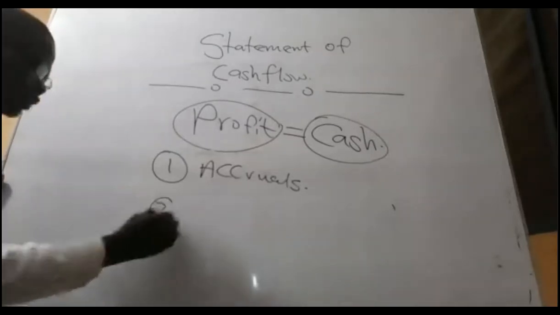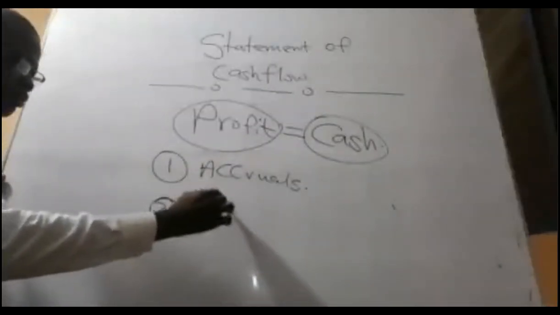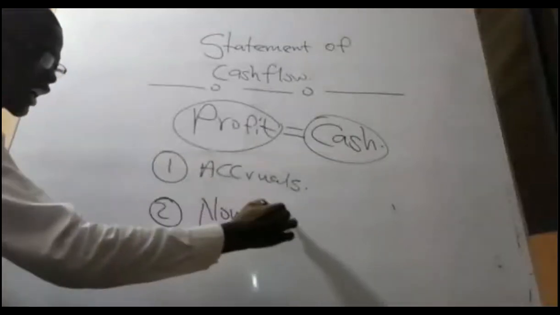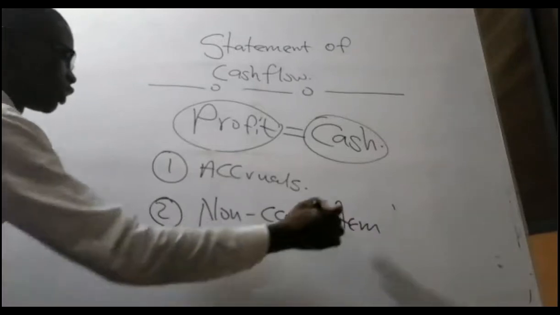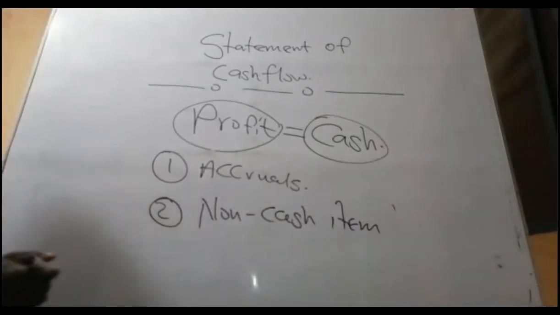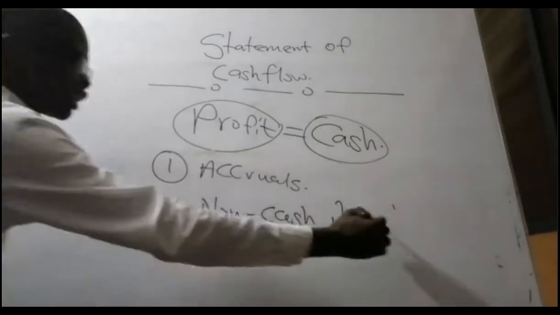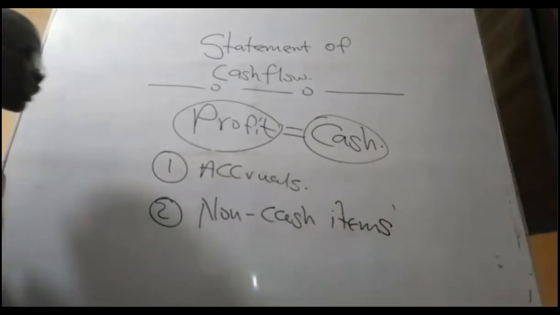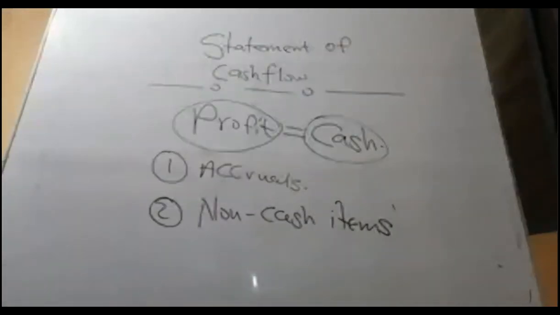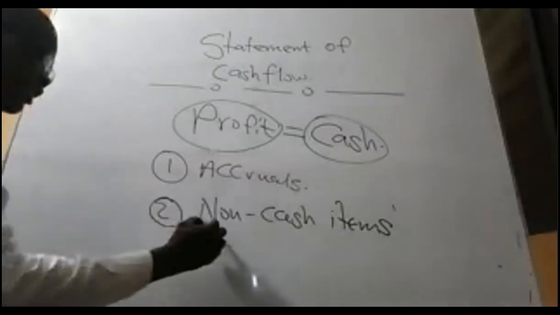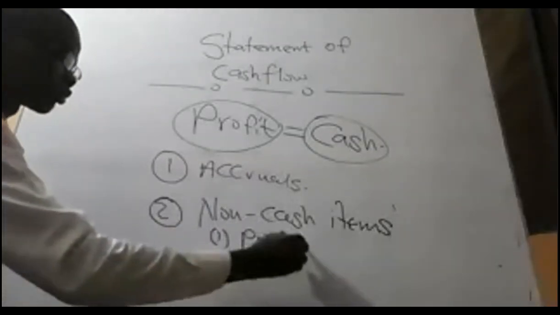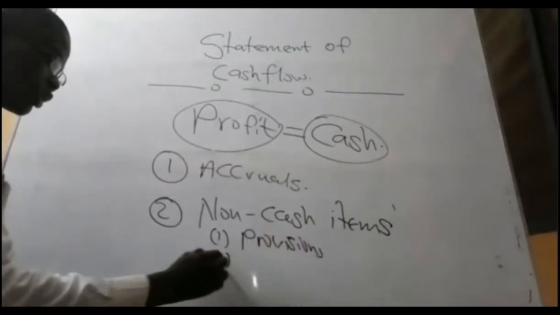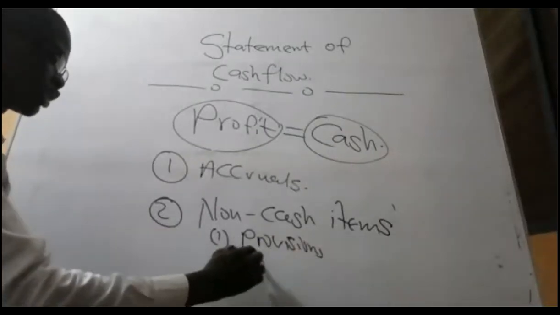Two, non-cash items. Non-cash items also cause a difference. Examples of non-cash items: one, provisions. Two, depreciation.